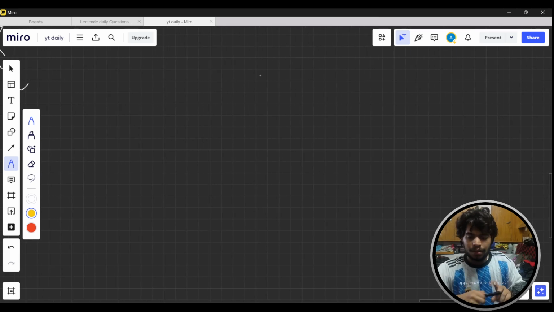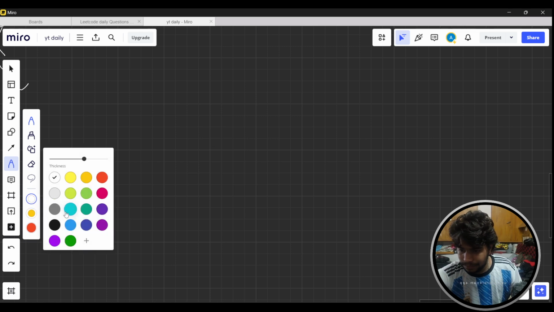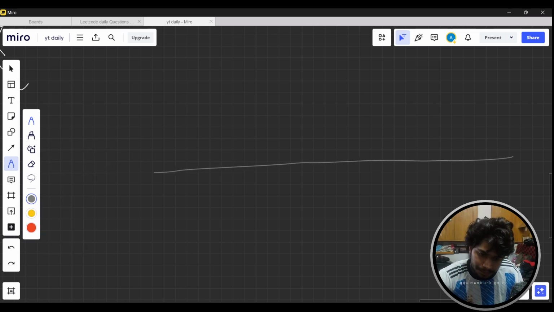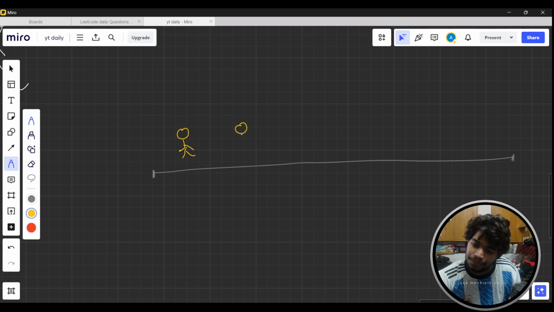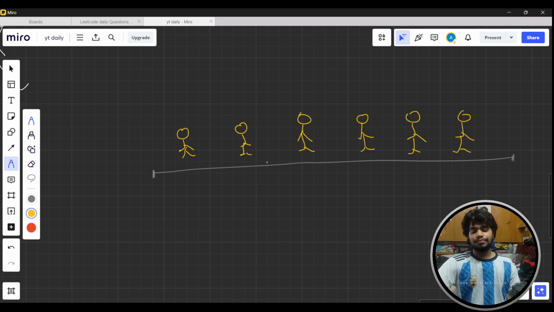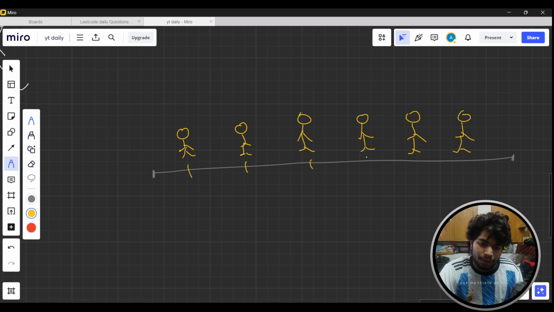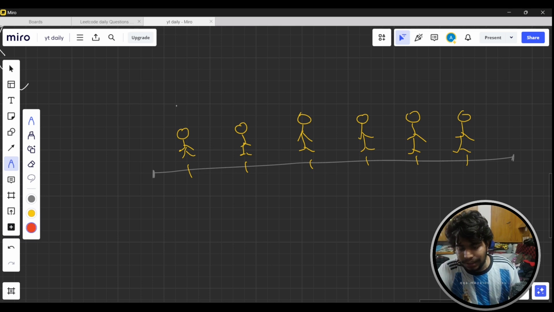So let's say I have a timeline, and there are many robots in this timeline. Let's say this robot is moving in the right direction.